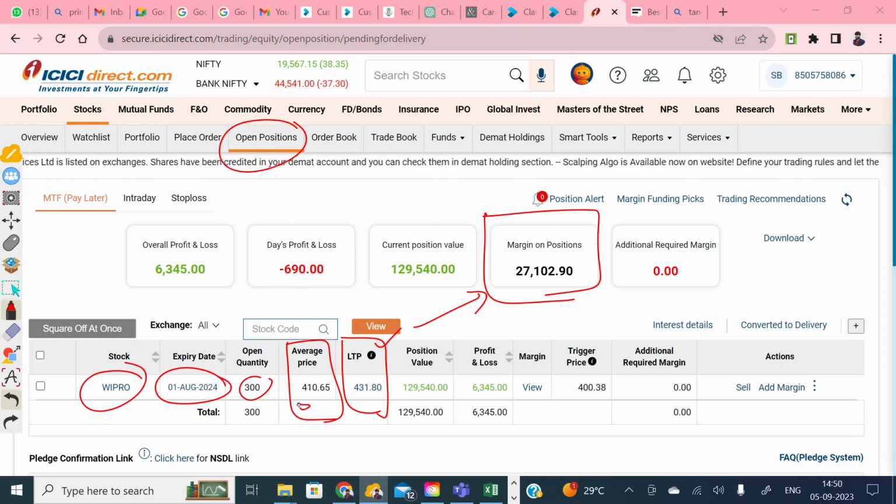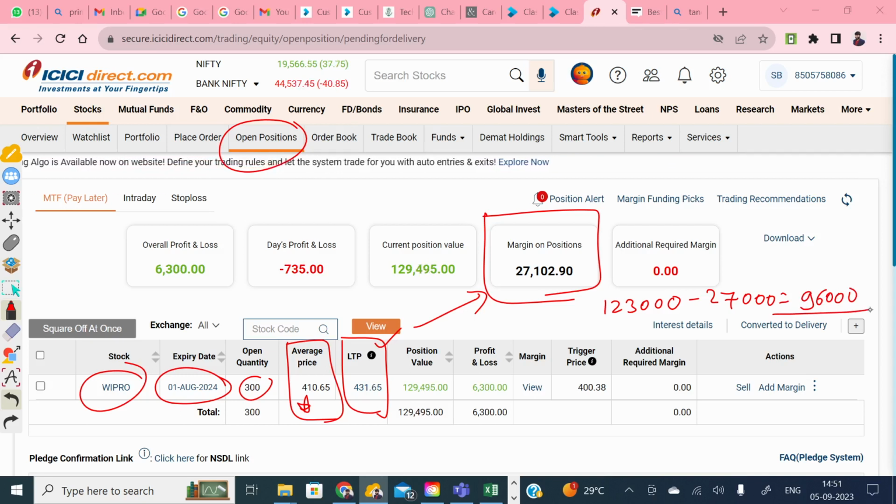I'll tell you. This price 401 into 300, your price goes around 1,23,000. And if you see, I have just paid 27,000, right? I have just paid 27,000. If you see, the broker paid 96,000 extra.